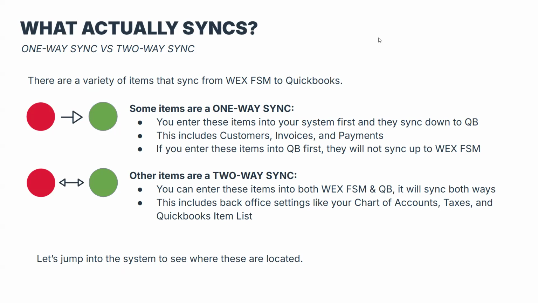One-way sync items must be entered into WEX FSM first. That is things like your customers, your invoices, and your payments. You will enter those into WEX FSM, and those will sync down to your QuickBooks. If you enter those into QuickBooks first, they will not sync up to WEX FSM.